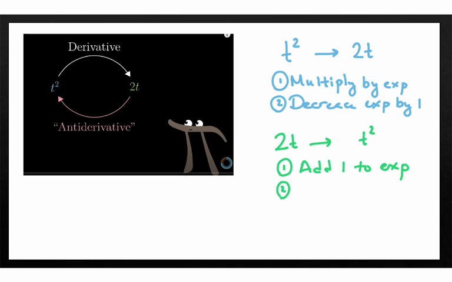Now our second step is the original first step. Instead of multiplying by that exponent, we divide by that exponent. And I'm going to use the new exponent. So our new exponent is 2. So we would have 2t divided by 2, or just t squared.